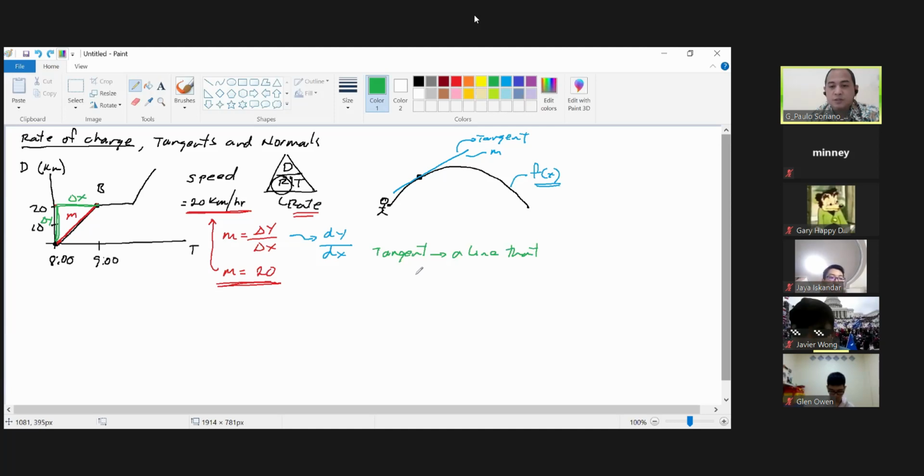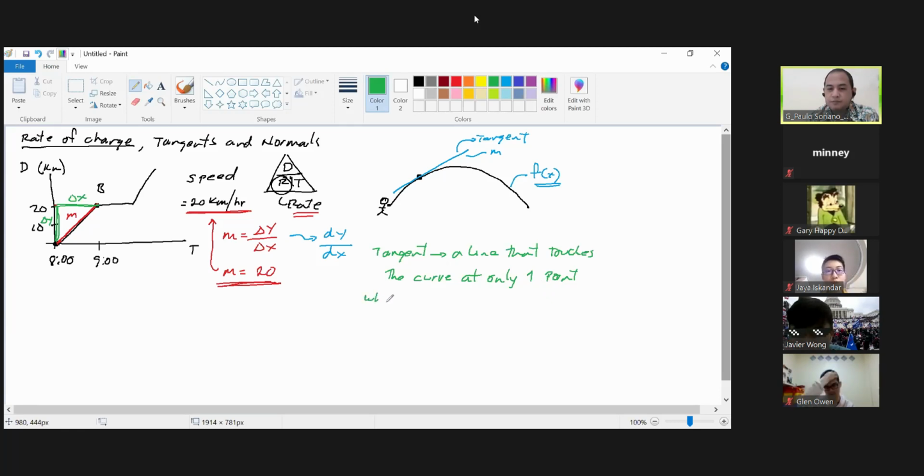It not only passes, it is a line that touches the curve at how many points? Exactly 1 point. Okay, at only 1 point, okay? And how do we call that point?